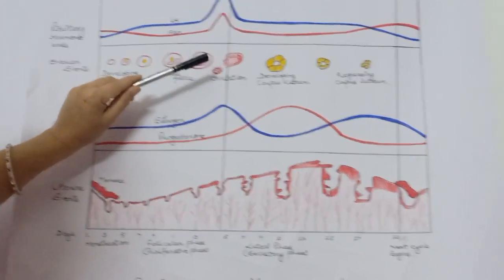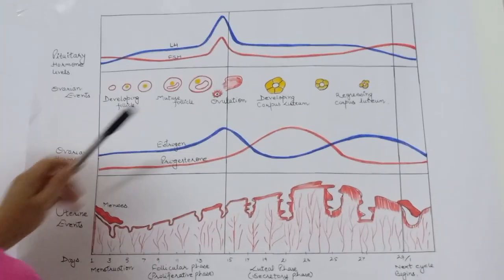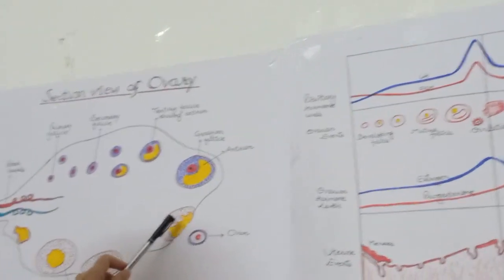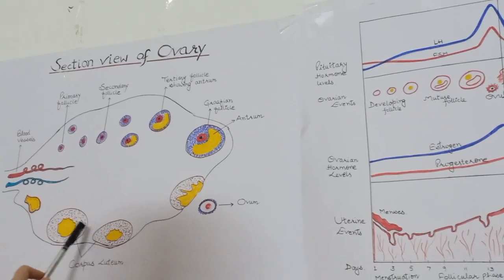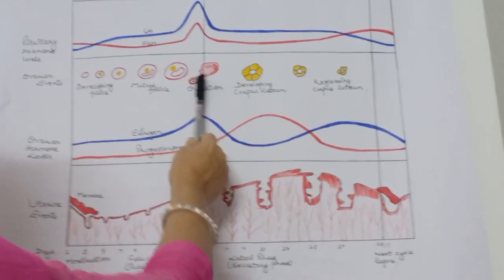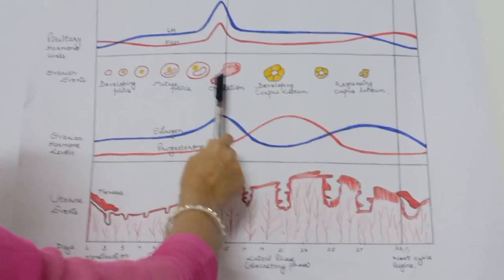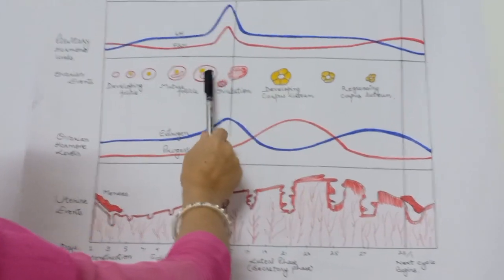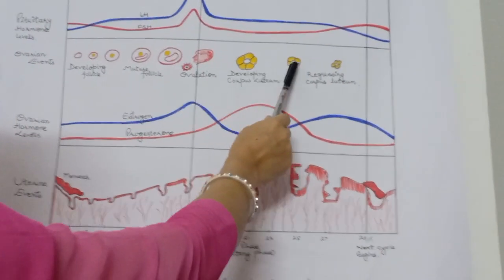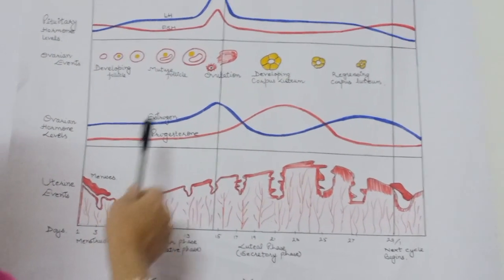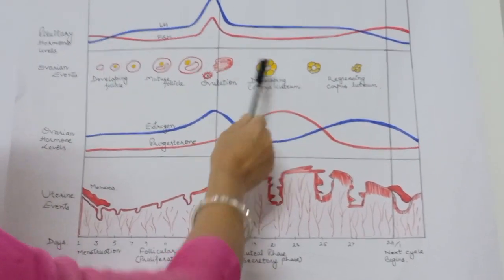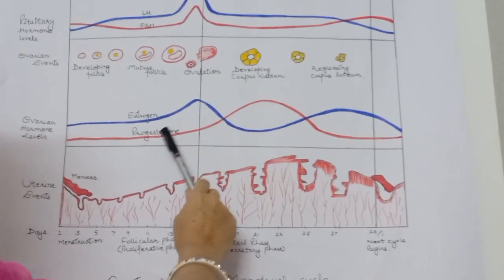After ovulation, as we have seen in this figure, the Graafian follicle, after the release of the ovum, changes into the corpus luteum. This corpus luteum releases another hormone.